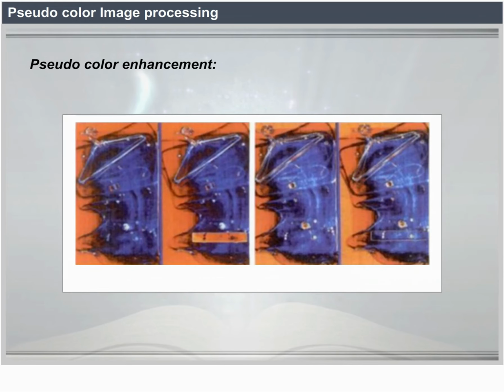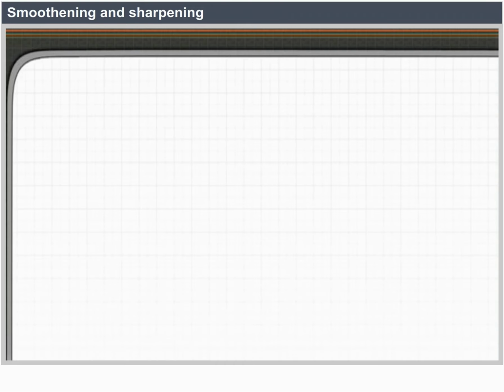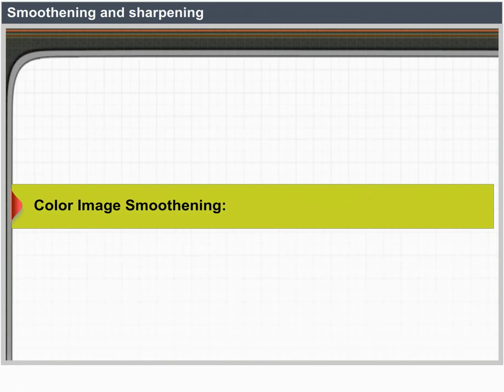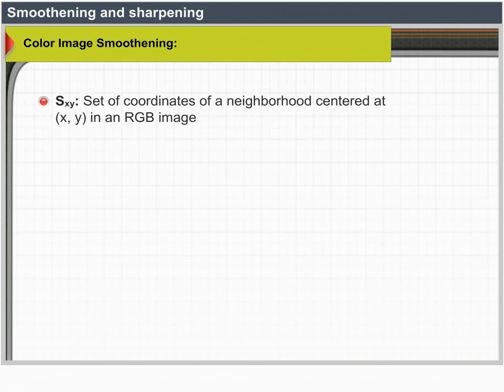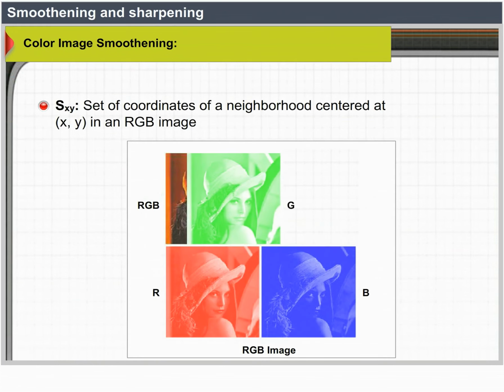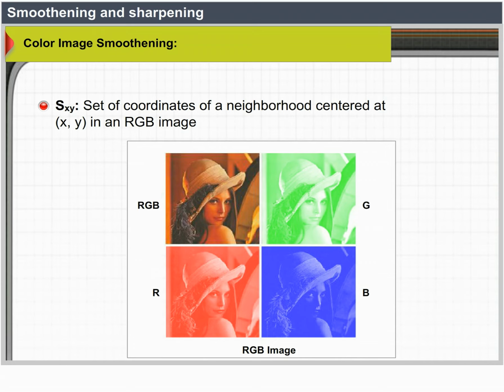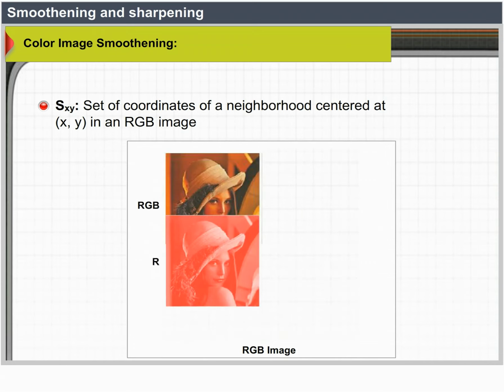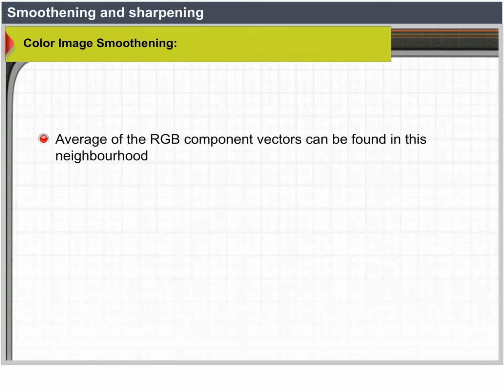Smoothing and sharpening. Color image smoothing: let Sxy be the set of coordinates of a neighborhood centered at (x, y) in an RGB image. Take the average of the RGB component vectors in this neighborhood. The related matrix is as shown on the screen.